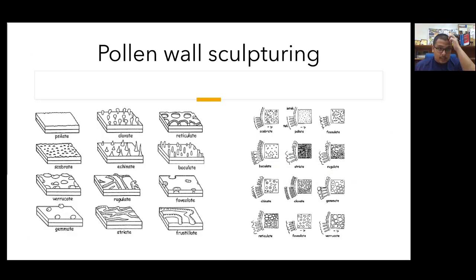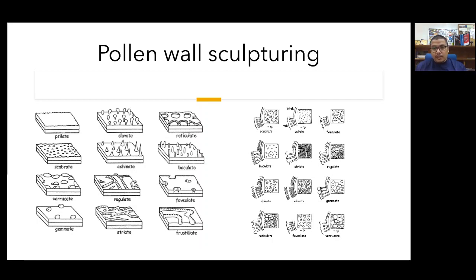Of course, when you talk about pollen wall sculpturing, within the pollen morphological main groups or classes, the differences in the structure and also the sculpturing of the exine of the pollen grains are important characteristics for identification. So basically, for identification, we use the sculpture of the pollen wall.